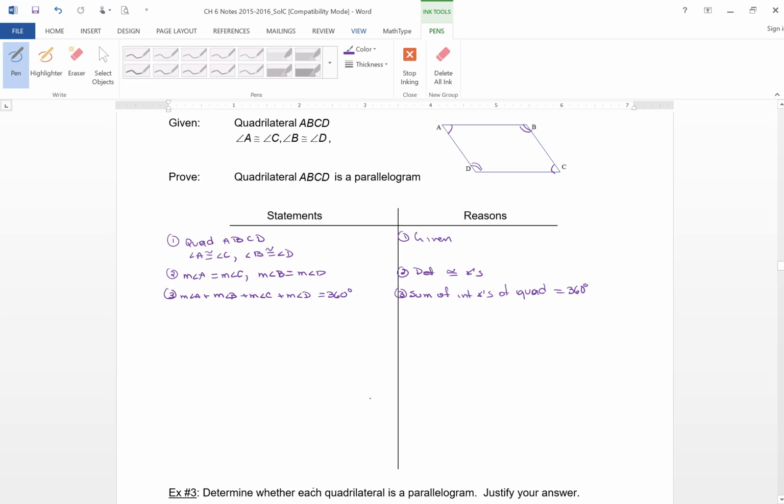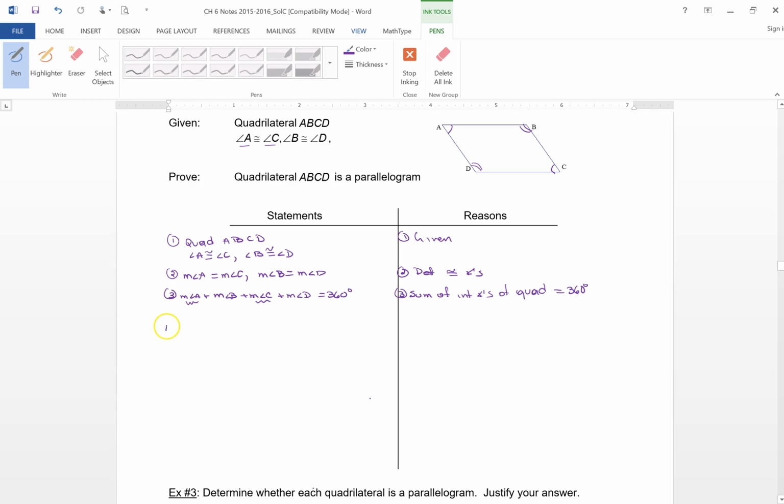Now, what I want to say next is this. Angle A and angle C have the same measure. That means here, angle A and angle C can be substituted for each other. All right?